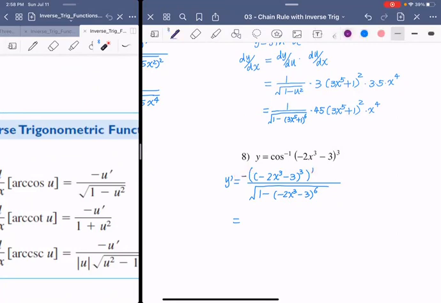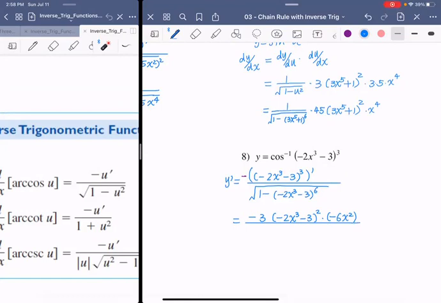This is negative, and then equals 3 times negative (2x cubed minus 3) squared, and then times negative 6x squared. Very good. That's beautiful.